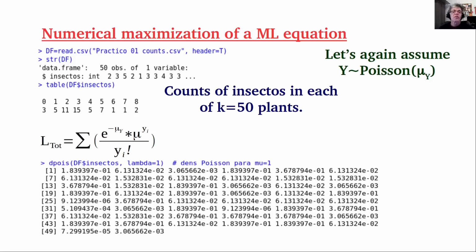And so what we can do is to calculate the density of the Poisson distribution for each of the counts, assuming that lambda, the parameter of the Poisson distribution, equals 1.